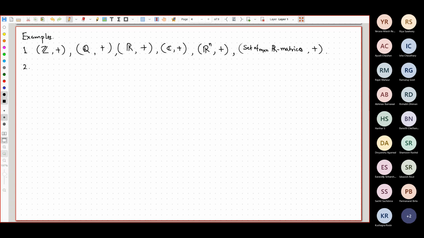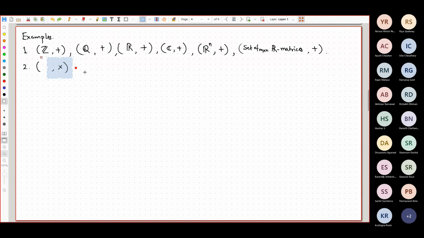What else? Can you think of a set of numbers which forms a group under multiplication? We saw that the set of integers under multiplication is not a group. Rationals excluding 0. Good point. Yes.